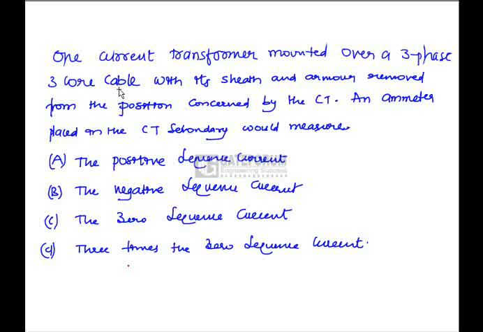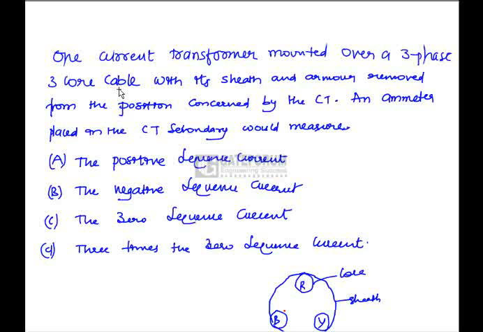Now he has given a current transformer mounted over a 3-phase 3-core cable. Now let us draw a 3-core cable. This is called the core, and this one you can take as the sheath. Let us take this as R phase, Y phase and B phase.